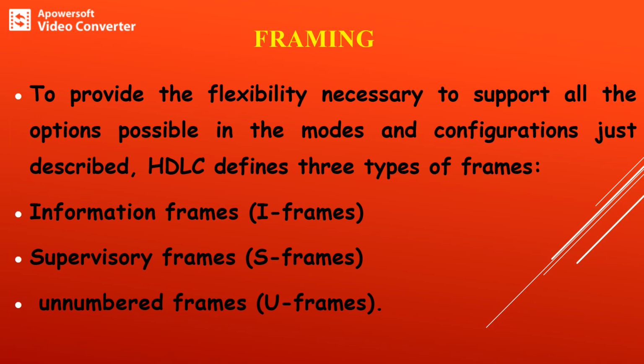In order to provide flexibility with respect to the configurations and transfer modes, HDLC defines three different types of frames. The first one is the information frame, that means I frame. The second one is the supervisory frame, that means S frame. The third one is the unnumbered frame, that is U frame.